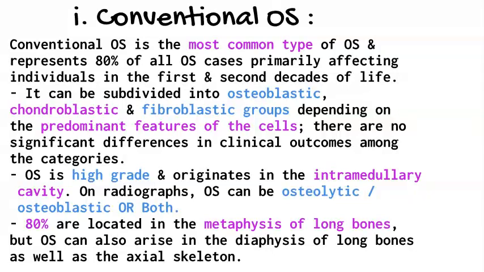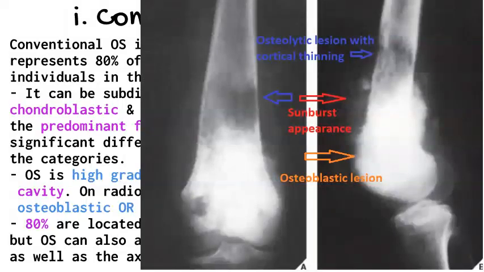This X-ray shows an osteolytic lesion with cortical thinning. You can see a sunburst appearance, which shows a high-grade tumor, and an osteoblastic lesion at the distal femur.